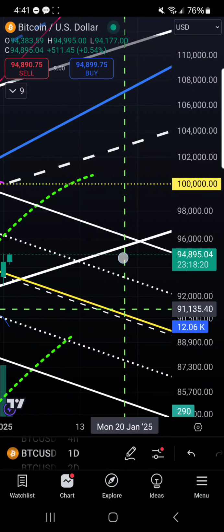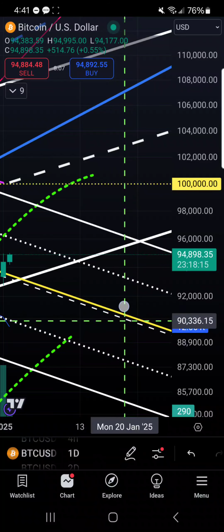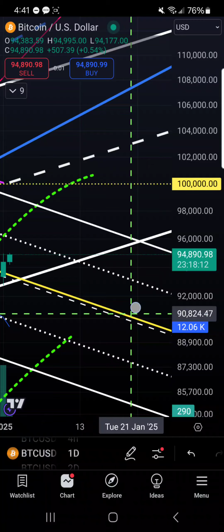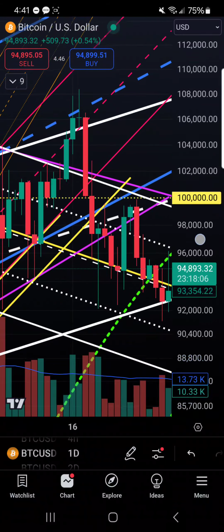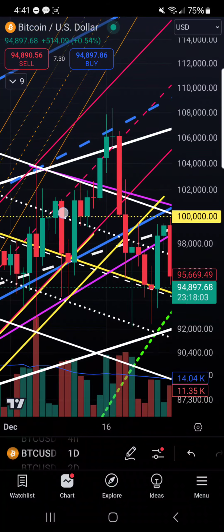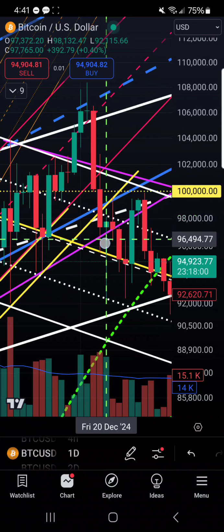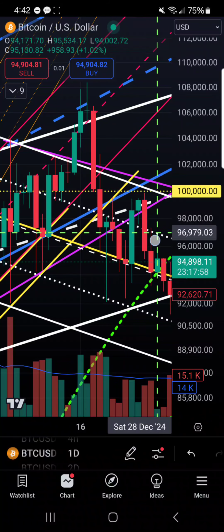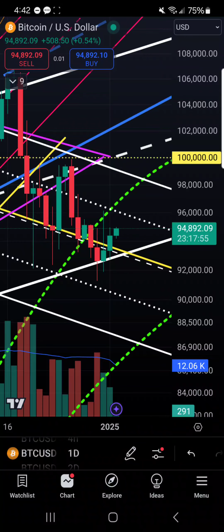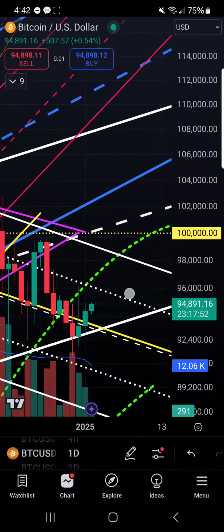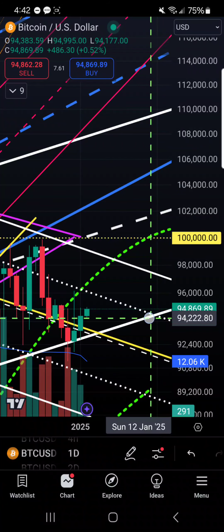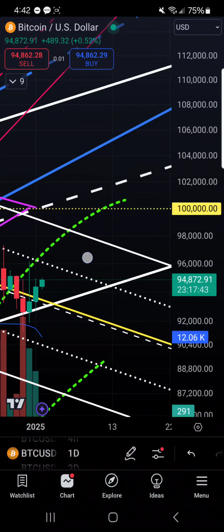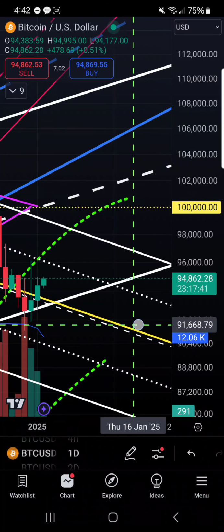Where does that get us? Right here to the bottom part of this channel. That makes sense, as we've used the bottom part of this channel as support. Here, we've been consolidating downwards in this channel right here. So it makes sense that we would see a pull out up here and then a pull back down through the bottom of our white channel and down here.